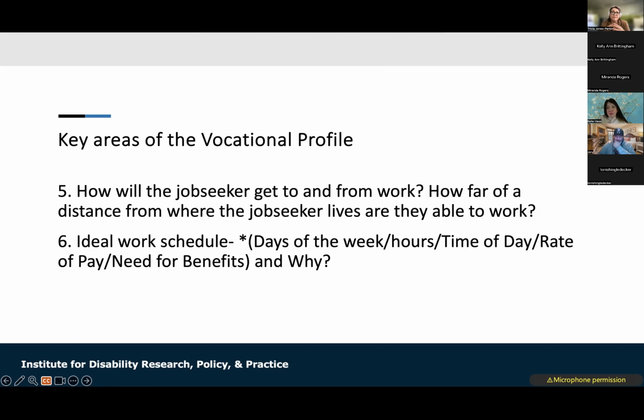So, thinking about how far a distance they are able to travel, what their transportation support looks like, what that creates for their day, and how that feeds into their ideal work schedule.